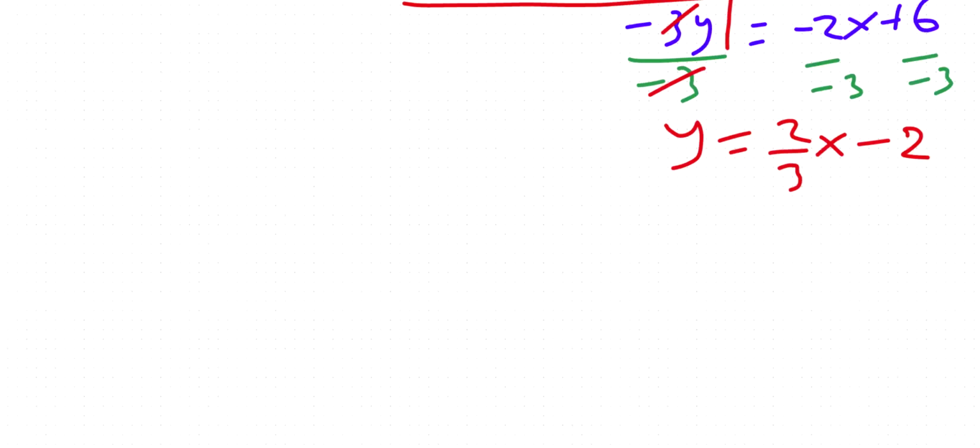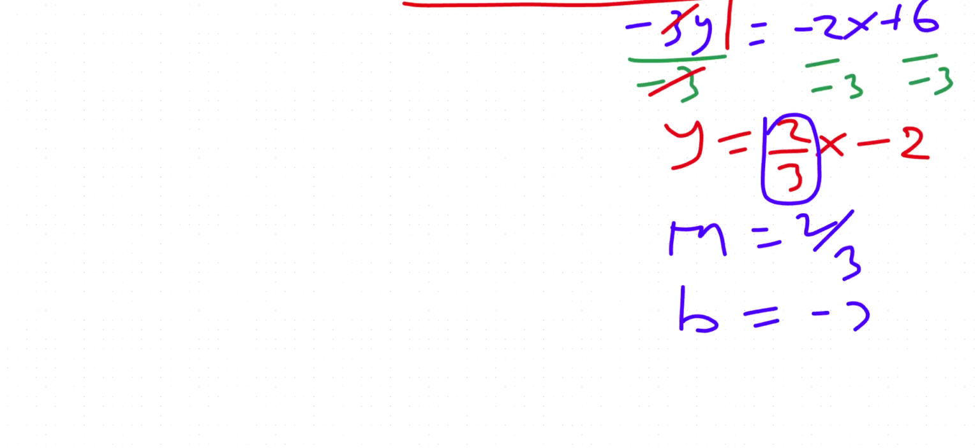So you get that. Anytime you are multiplying or dividing, signs that are the same, positive. If they are not the same, negative. That's just it. So here now, our slope m is wherever you see around your x, which should be 2 over 3, and our intercept b is negative 2.